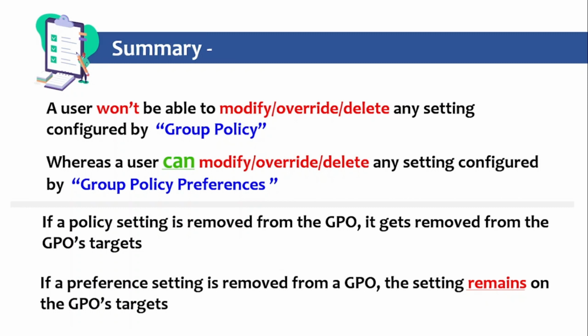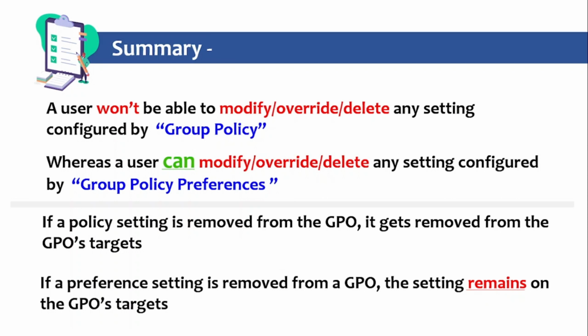So let us summarize what we have seen in today's session. A user won't be able to modify, override or delete any settings configured by group policy, whereas a user can modify, override, or delete any setting configured by group policy preferences.